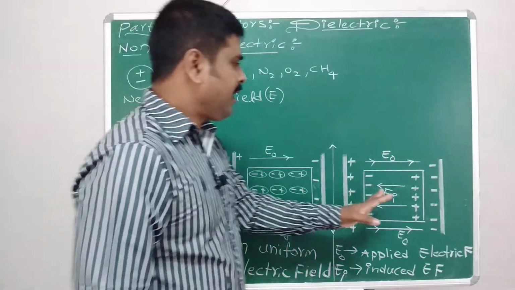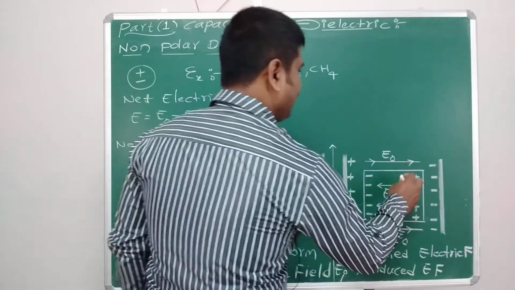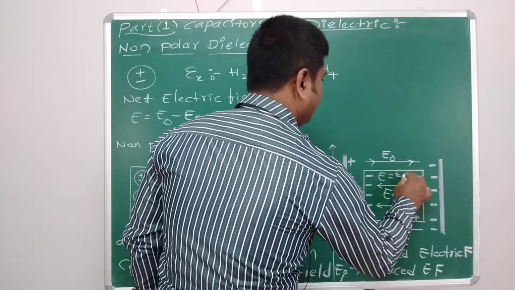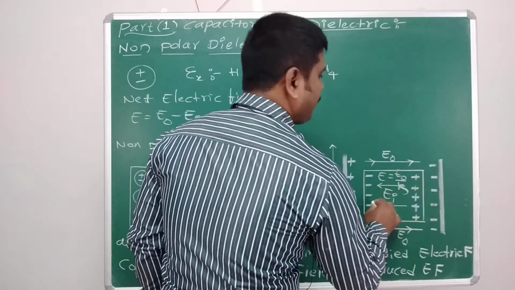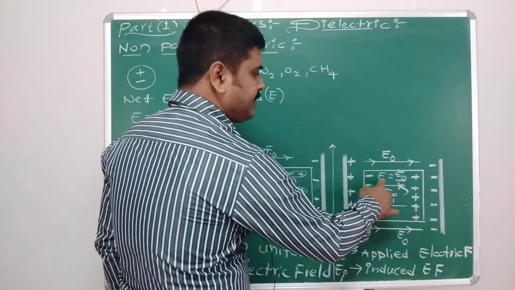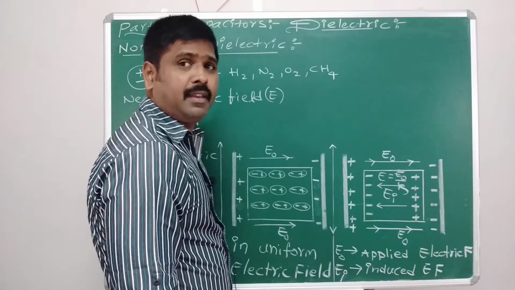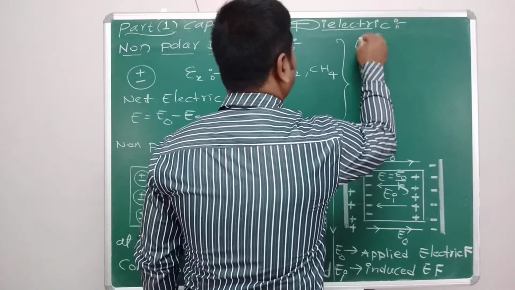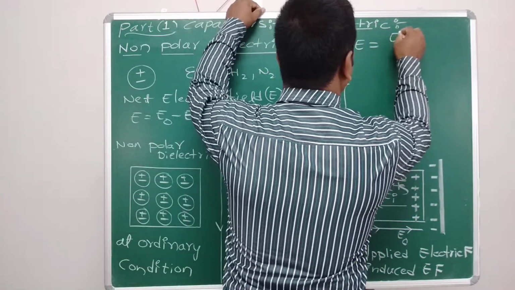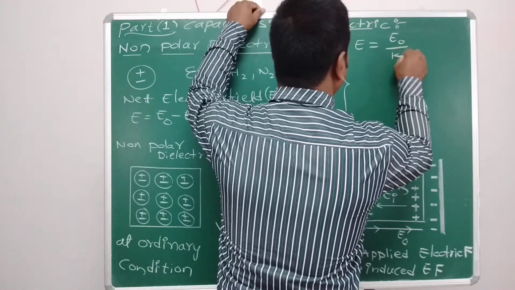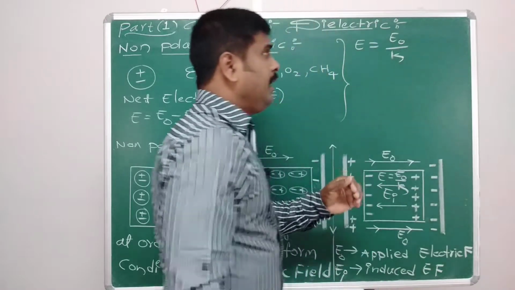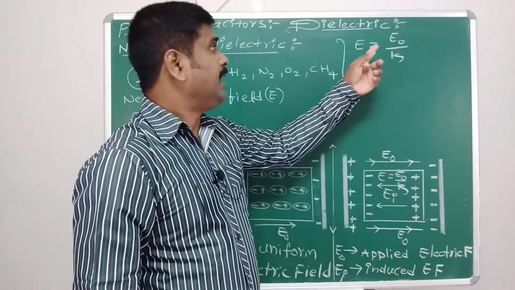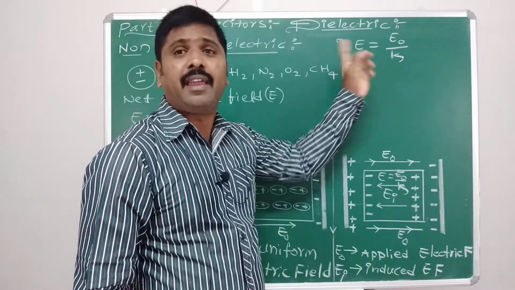Now the net electric field in this substance is E equals E naught divided by K. Due to the dielectric substance between the plates of the capacitor, the net electric field is decreased by K times.